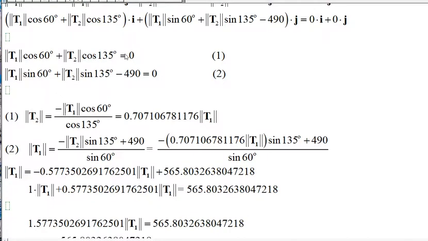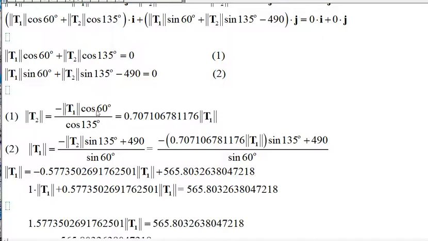And then from equation 1, we solve for magnitude of t sub 2. And so we get negative magnitude of t sub 1 times cosine of 60 degrees divided by cosine of 135 degrees.